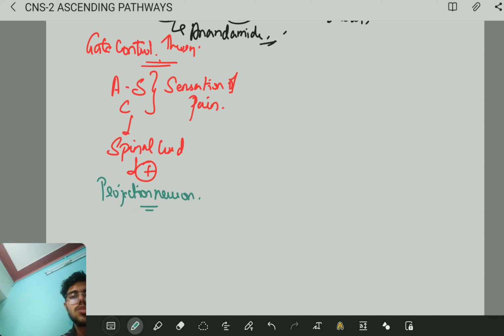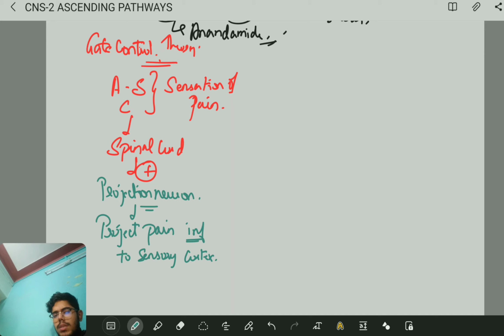This projection neuron is going to project the pain information to our sensory cortex. This is what normally happens.